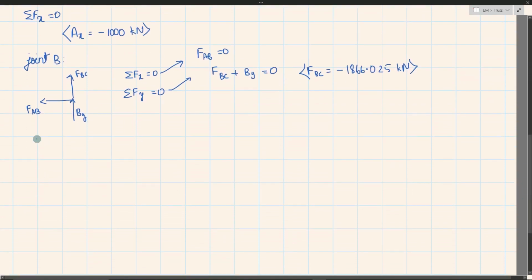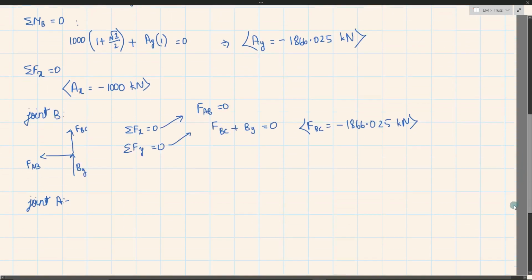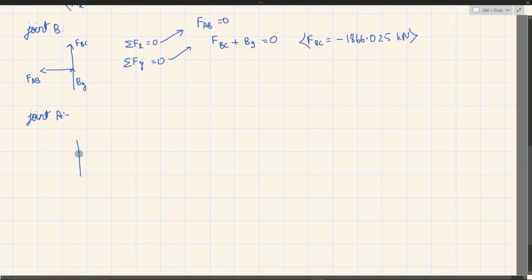So now I'll move on to joint A. Okay, in this joint I have 1, 2, 3, 4, 5 forces. I'll write the free body diagram. This is AX, AY, FAB and FAC.